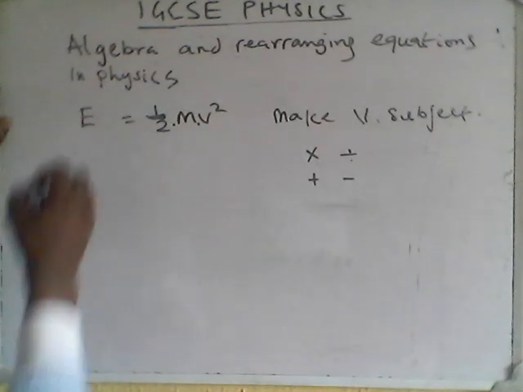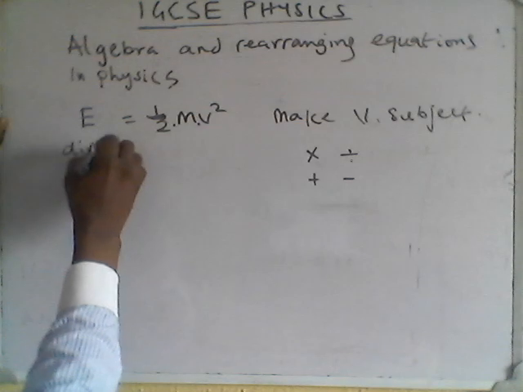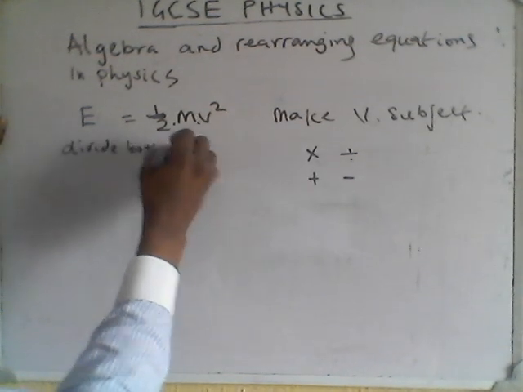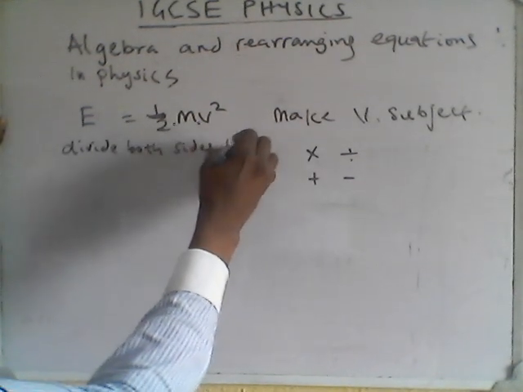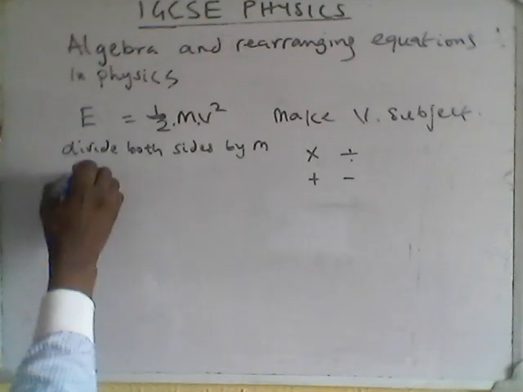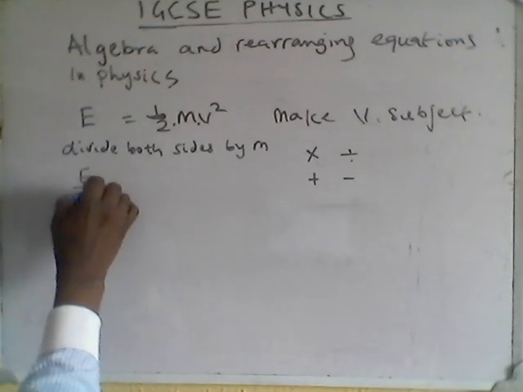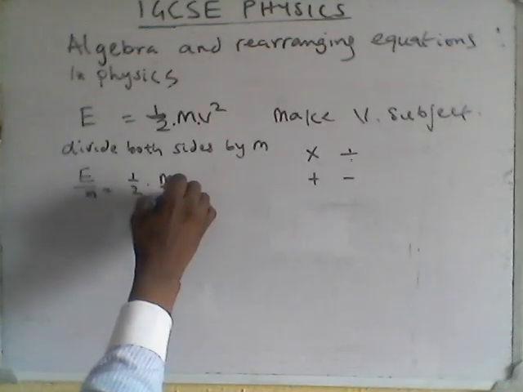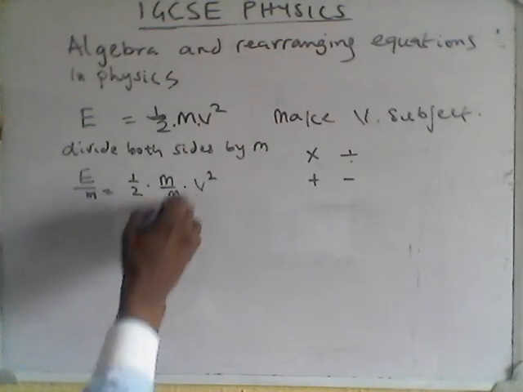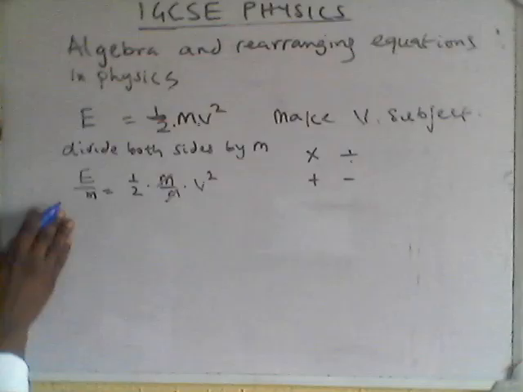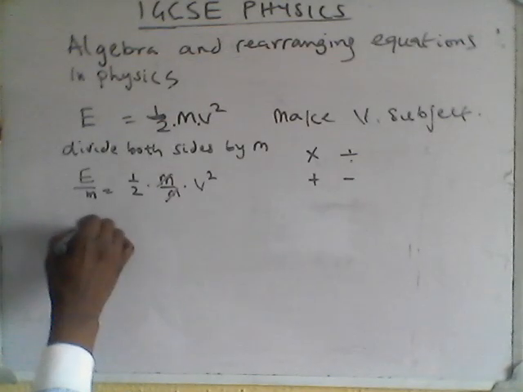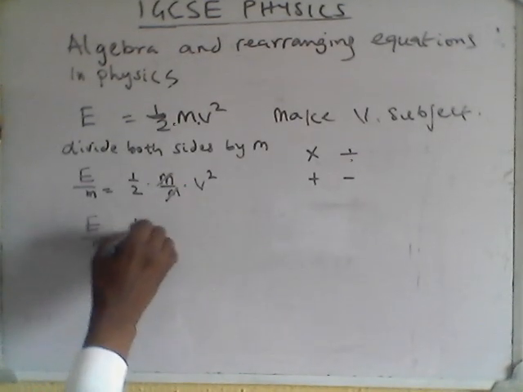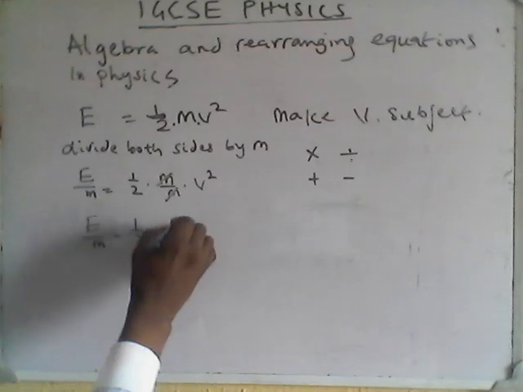Divide both sides by m, right? When I do that, I will say E over m is equals to half dot m over m dot v squared. So this cancels this one. So E over m remains here.